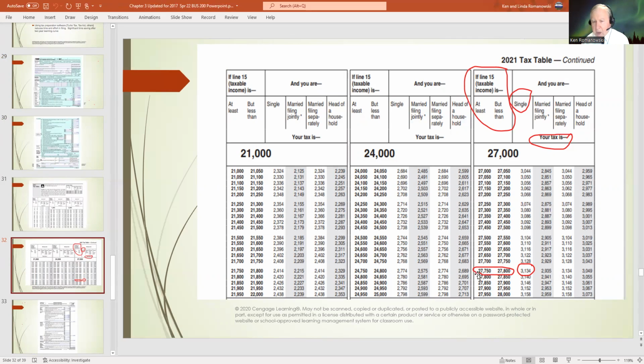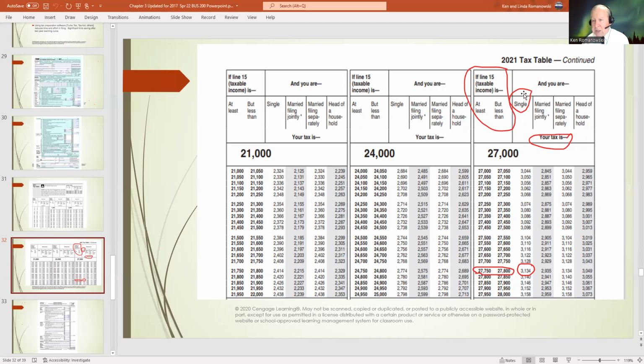You go down the column, and he is at 27,750. He's between 27,750 and 27,800.